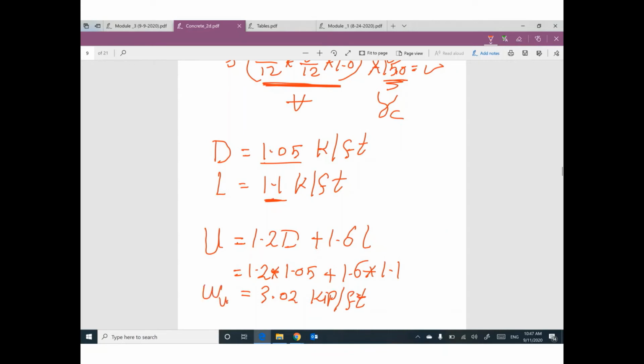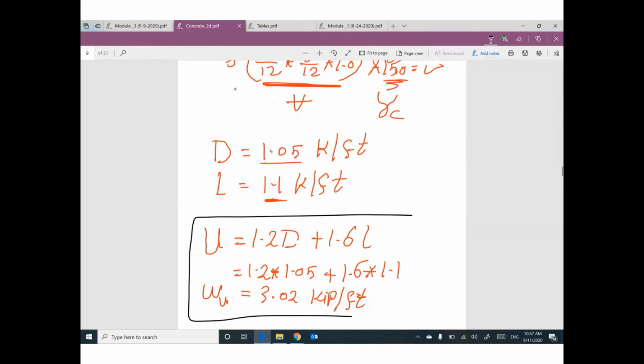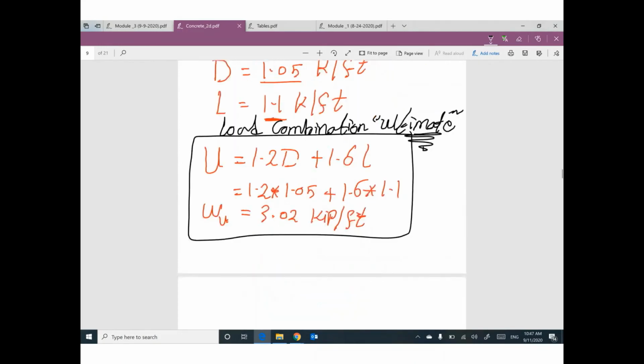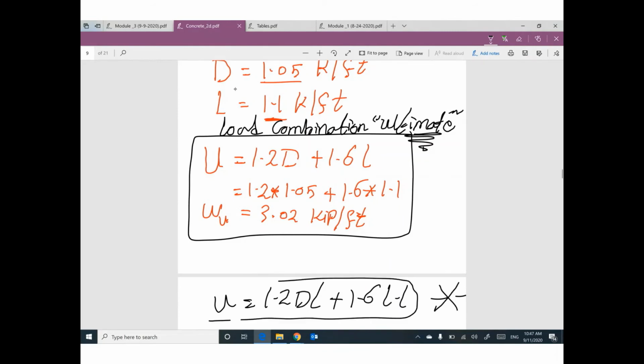Guys, one more time. This one is called load combination. Because you are talking about ultimate, I need to go back to the combinations for ultimate. I will find an equation: 1.2 dead load plus 1.6 live load plus something different. We don't have these terms, so I will only use the first part of our combination: 1.2 dead load plus 1.6 live load.